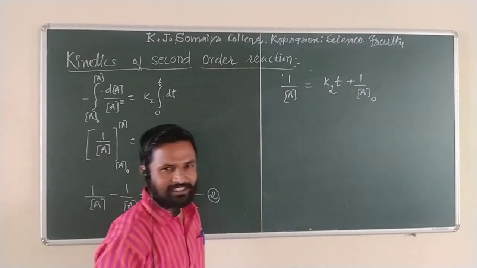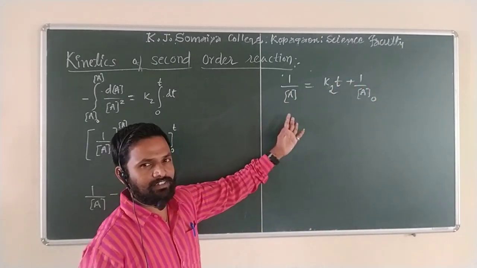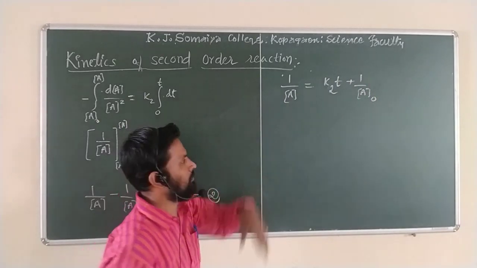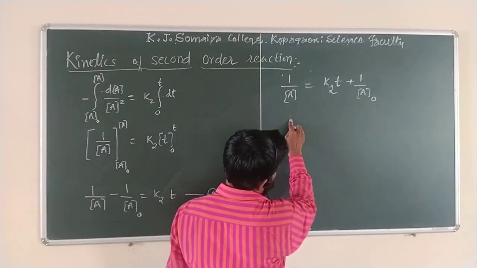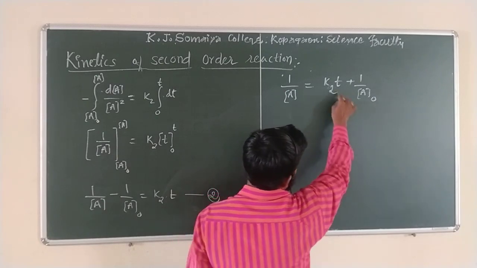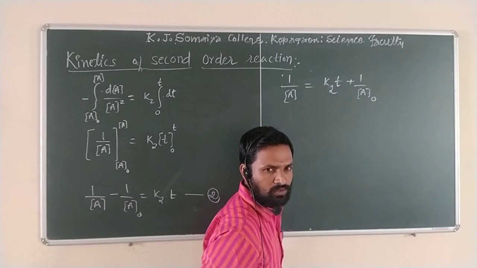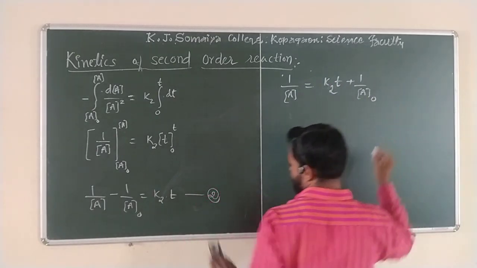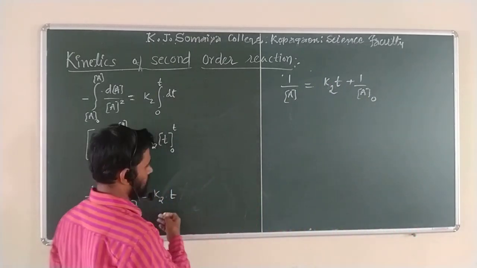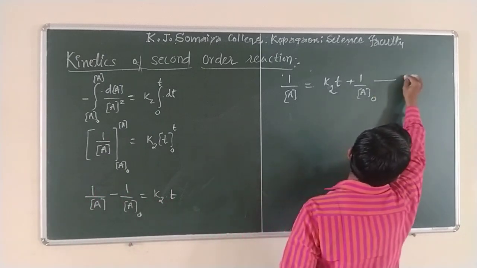How does this look as an equation? As you can see very simply, this is the y equal to mx plus c form. If you put 1 upon A on the y axis, K2 is the slope, t is on the x axis, and 1 upon A0 is the intercept. So this equation is very useful. This is equation number 2.